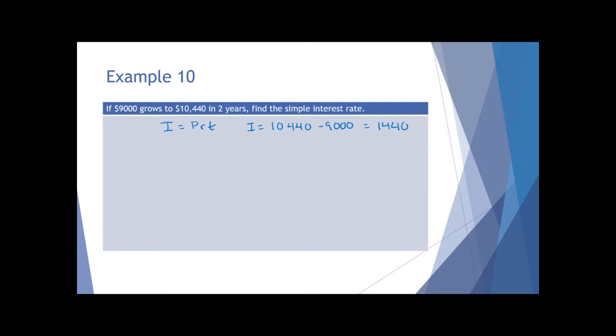So now I can plug that into my formula: 1,440 equals, we know the principal. We started with $9,000. We don't know the interest rate, but we know the time, which is again 2 years. So I have 1,440 equals 9,000 times 2, which is 18,000 R. Now I need to divide both sides by 18,000.